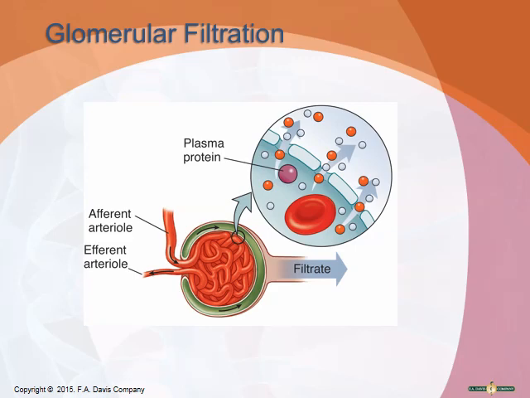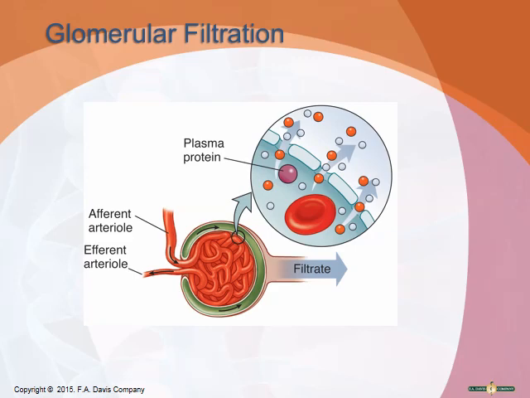What is obvious in this picture is that red blood cells and plasma proteins are bigger molecules, and they don't pass through the pores. Just like my coffee grounds don't go through my coffee filter, the red blood cells and proteins don't go through the pores.